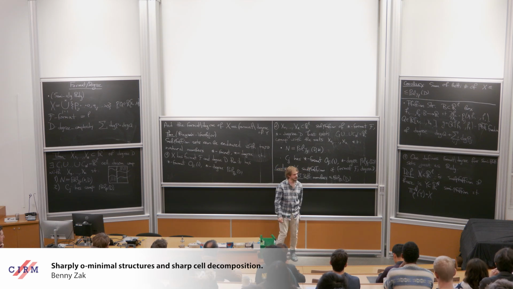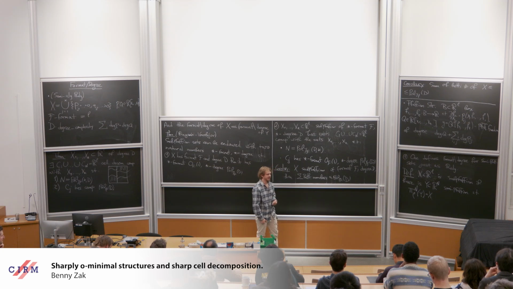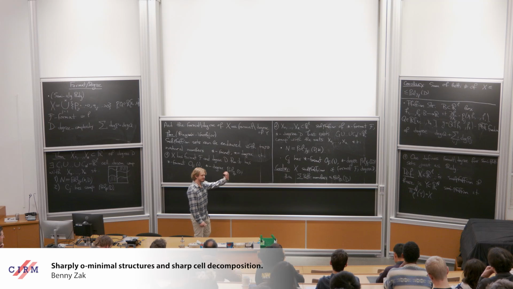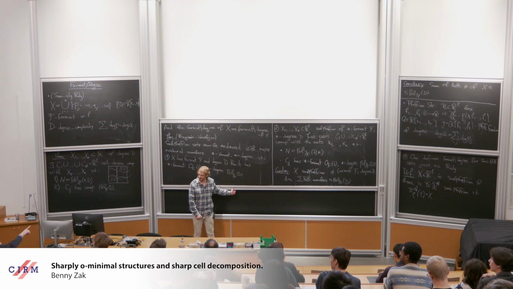Excellent question. It's a filtration. It's how much you need to pay to go from format to star format. Not too much, but to go from star format to format, you have to pay more. That was exactly my question.